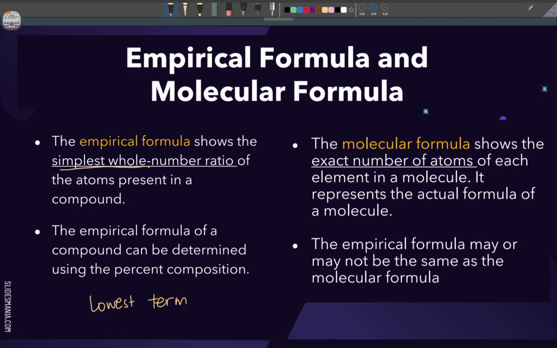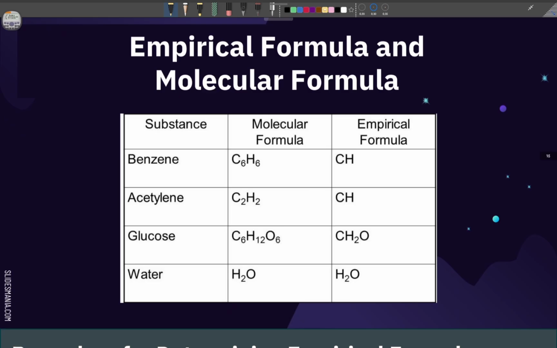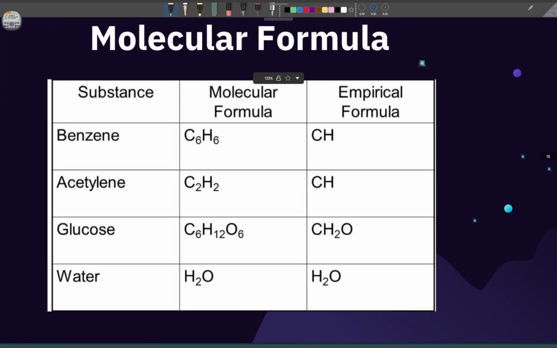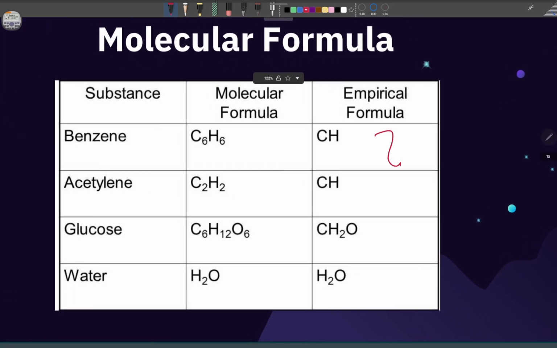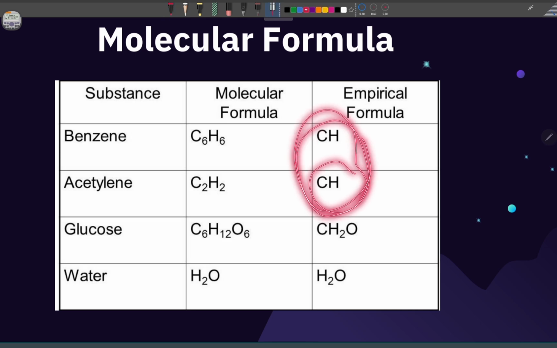For example, the empirical formula of benzene and acetylene are the same, but the molecular formula shows you the exact formula: C6H6, C2H2. So that means this one is in its lowest term, and this one has a multiplier.